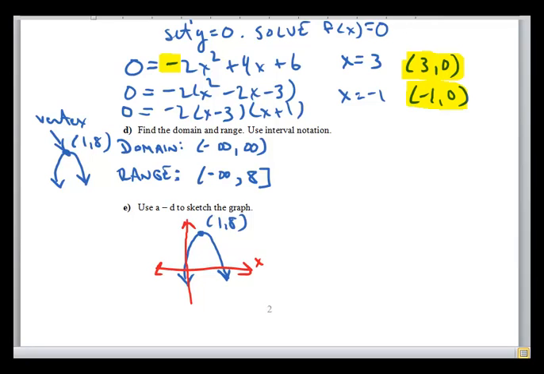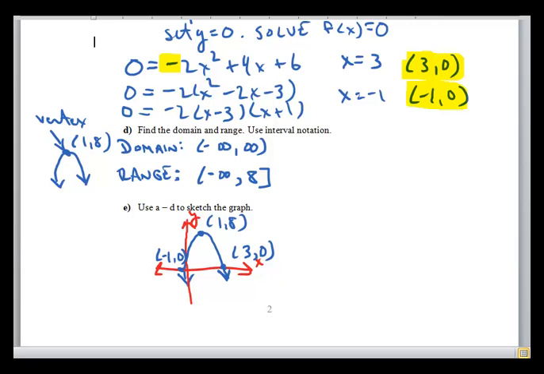So there's my x-axis, there's my y-axis, and I know my intercepts were right here, which is 3, 0, and right here, which was negative 1, 0, and that's it.